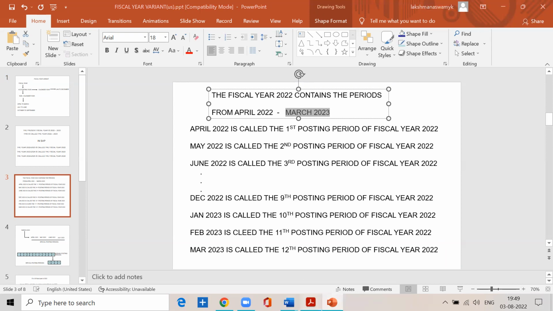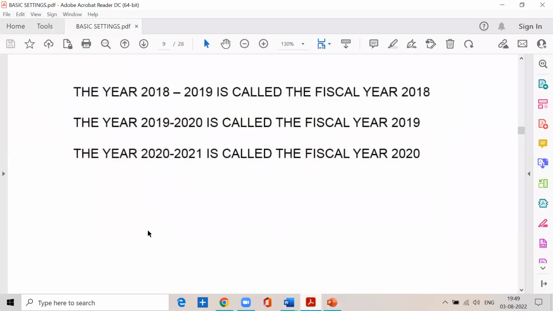Write down this point again. In SAP, every month of fiscal year is represented as posting period.